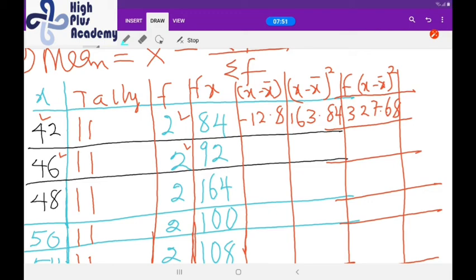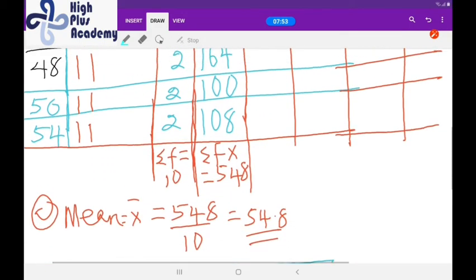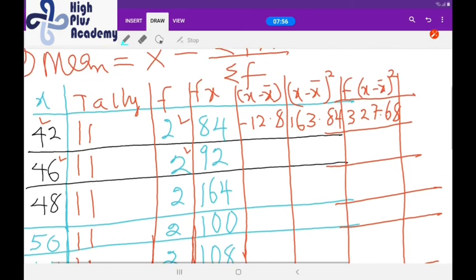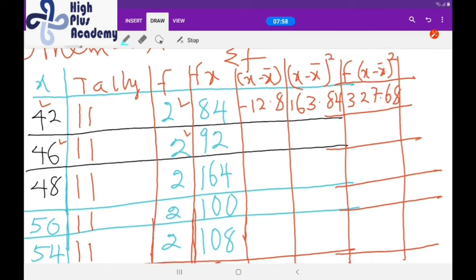I'll do the second one before I populate everything. You say 46 minus mean 54.8, and that gives us minus 8.8. What do you do next? Square it. We have 77.44, times f, that is times 2. You'll be getting 154.88. Take your time to do the rest by yourself, and you'll be getting something like this: 46.24.